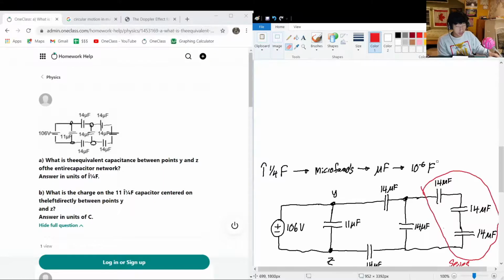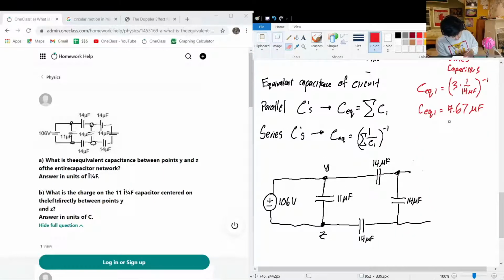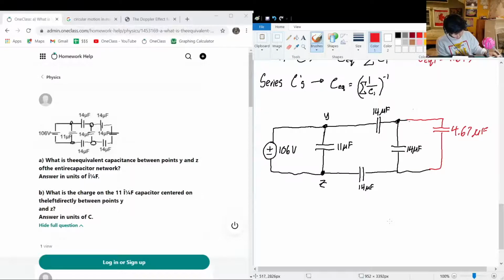We replace this entire triple series of capacitors with a single capacitor like this, 4.67 microfarads. Now here, let's do this in a different color.